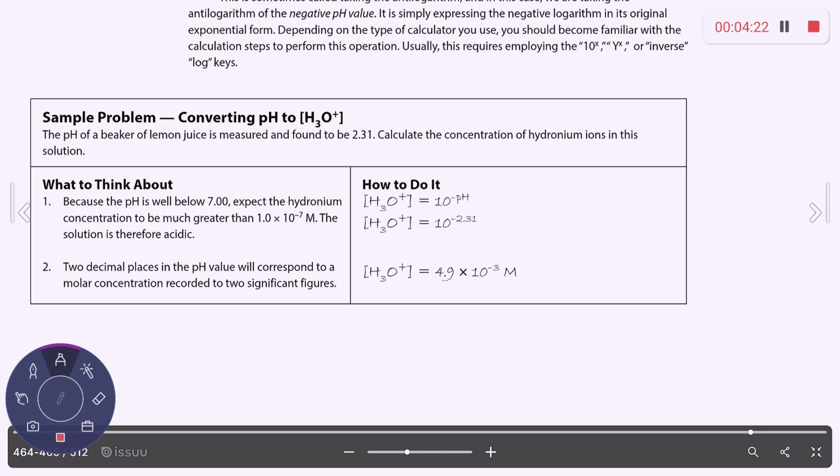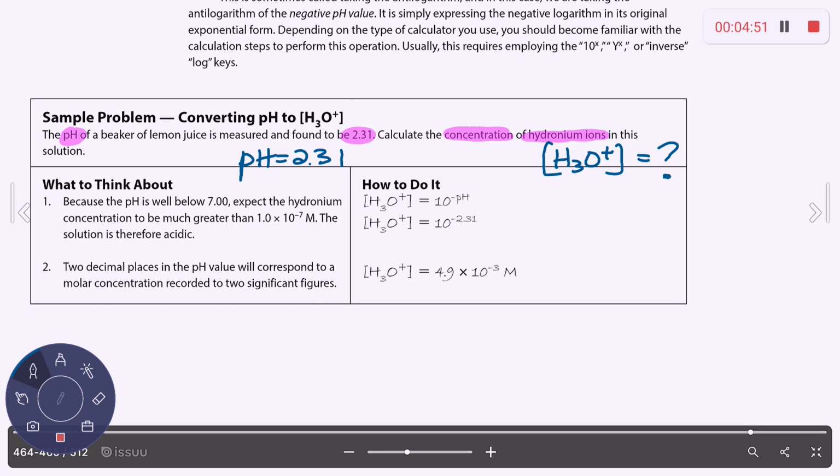The sample problem says the pH of a beaker of lemon juice is 2.31. Calculate the concentration of hydronium ions in the solution. If they want hydronium but they gave me pH, which equation would I use? The negative log or 10 to the negative pH?